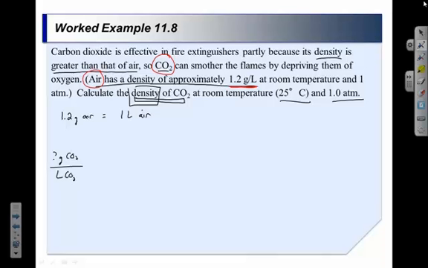Well, the density does involve volume, and the ideal gas law does involve volume. If I want the volume of my sample of gas, so I can plug it into this density, then I probably want some other way to calculate the volume. So maybe I use the ideal gas law, solve it for volume.